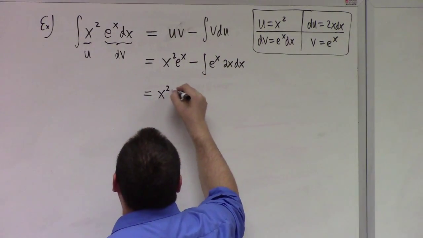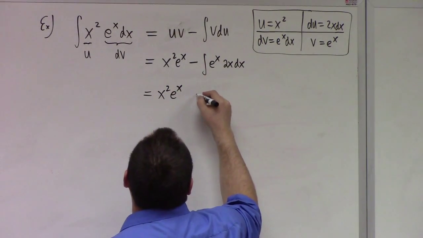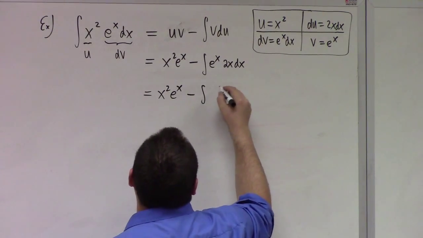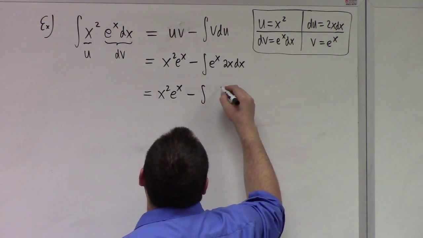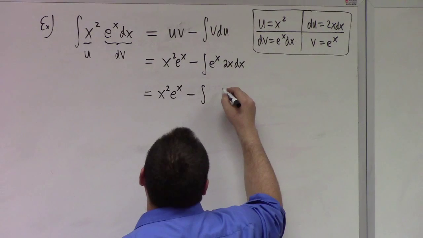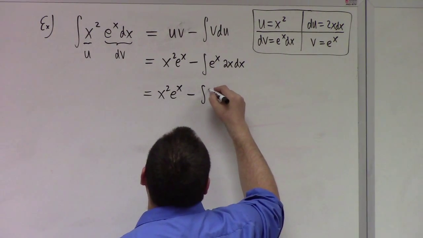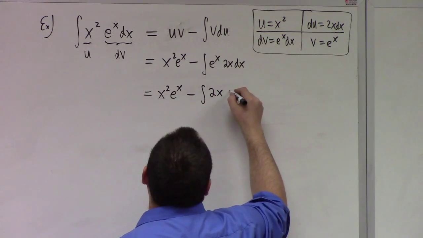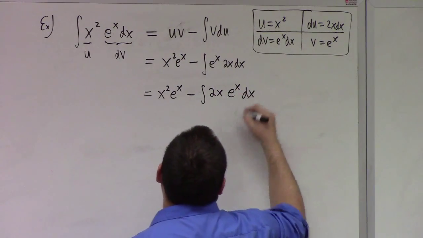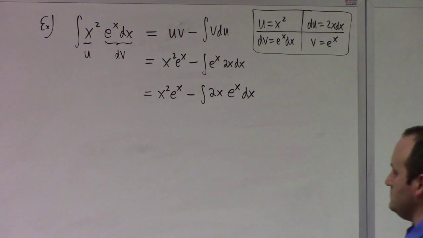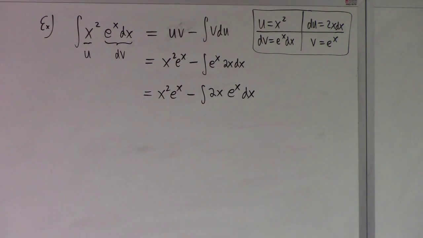It says x squared e to the x minus the integral of 2x e to the x dx. All right. So it looks like we're going to make a second integration by parts.